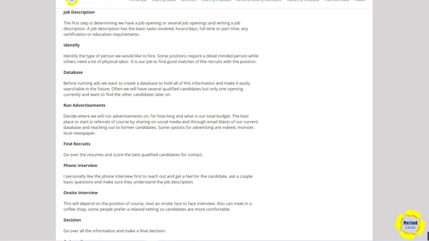Job descriptions. We want to put together a spreadsheet or a database of some kind for applicants. We don't want to wait to interview and put applicants together at the last minute. That's what leads to a lot of pain. Instead, we want to keep an inventory, if you will, of employees or applicants.